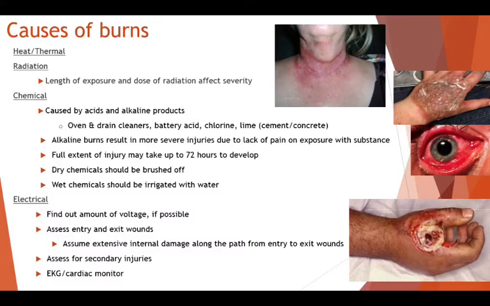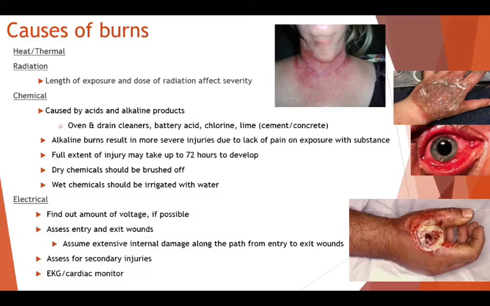Chemical burns, again, going with the ED lecture on toxins, we want to irrigate or remove the toxin from the skin. Here it is a chemical. Both acids and alkaline products can cause burns. Anything below or above the normal skin pH can burn the skin. Acid products, of course, burn and hurt, and they're irrigated off pretty quickly.